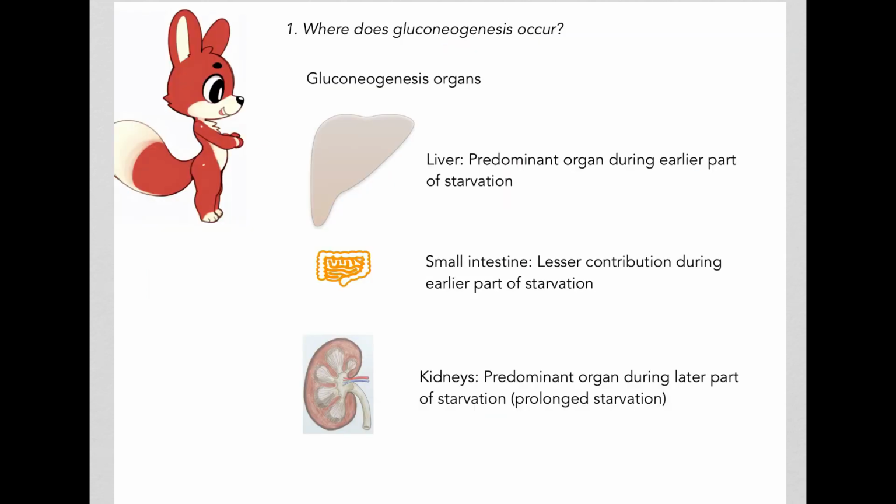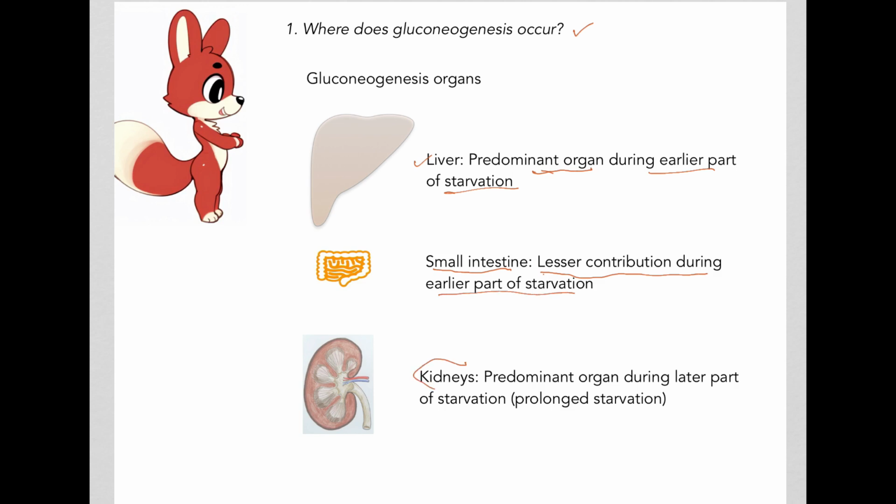So the first important question is, where does gluconeogenesis occur in our body? As far as we know today, the major organs where this metabolic pathway happens are the liver, which is a predominant organ during the early part of starvation. And then we have the small intestine, which has a lesser contribution to gluconeogenesis, also during the early part of starvation.